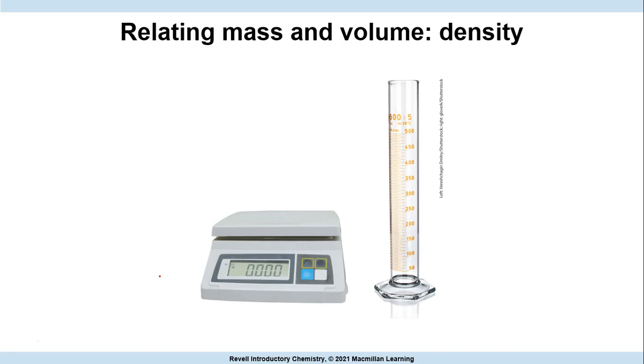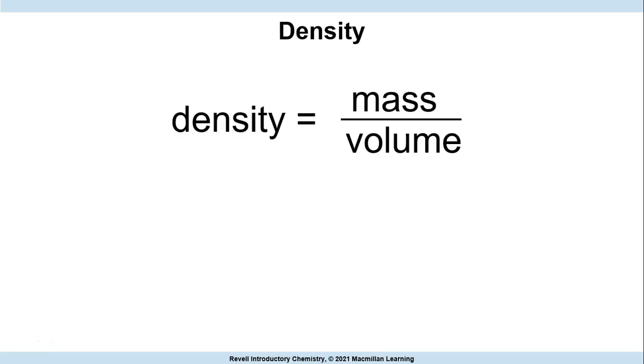So we just saw how we can calculate the volume of a box here. So we have the mass, how we can measure the mass using the balance, how we can measure the volume using the graduated cylinder. So there is that relationship between mass and volume, which is density. Okay, so density is given by mass over the volume.